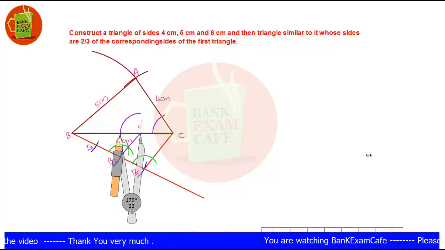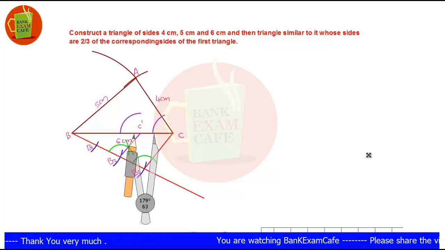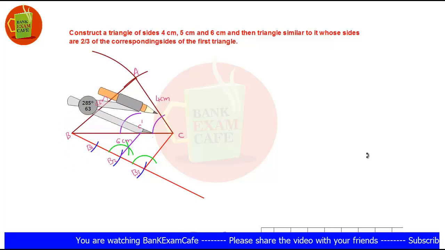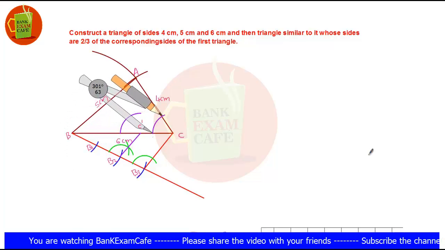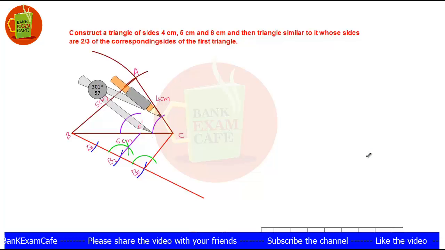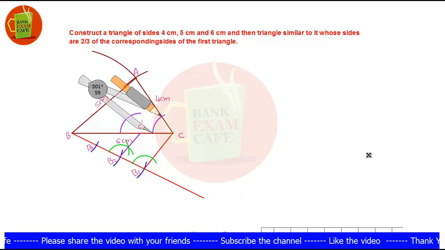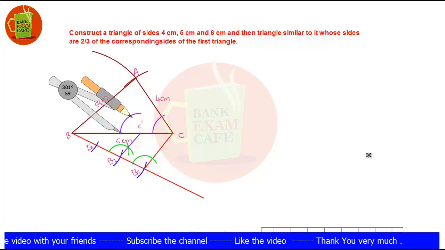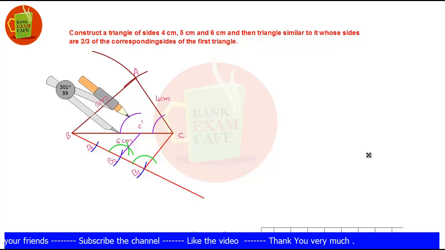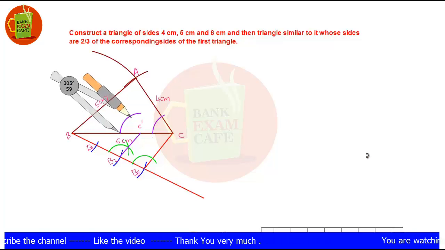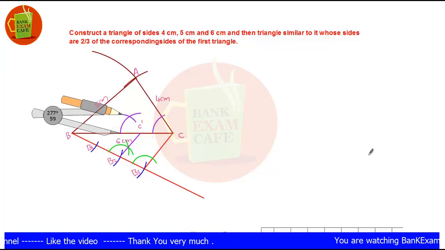Now coming back to this point, taking this point as a center and a distance between these two intersecting points, come back to this point and draw an arc intersecting the previous arc.